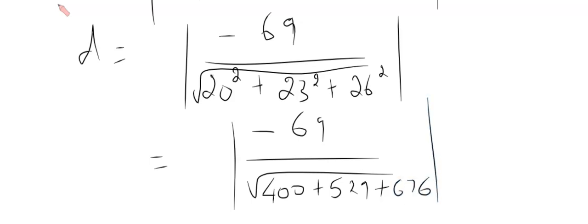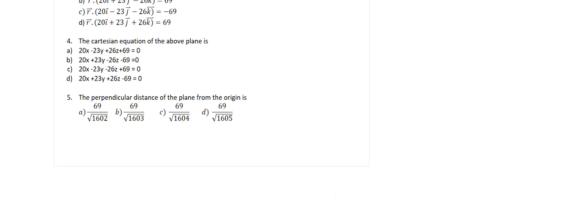On simplifying this, we get the perpendicular distance. Since it's a modulus distance, negative sign can be ignored. So that gives you 69 by square root of, when you add up 400 plus 529 plus 676, you get 1605, which is not a perfect square. So you can just leave it like that. So 69 by root of 1605. So option D is correct.